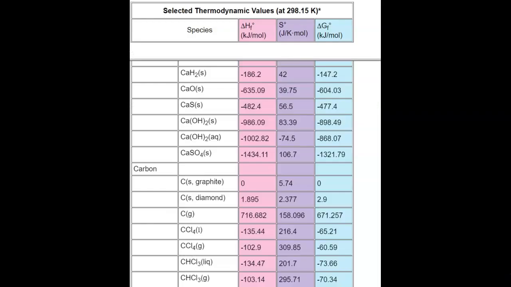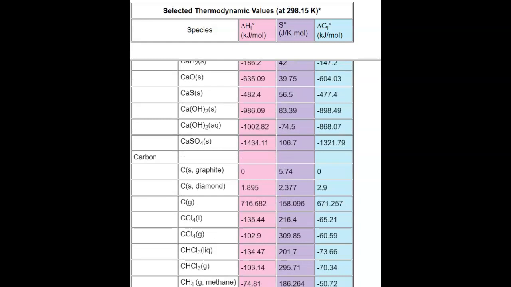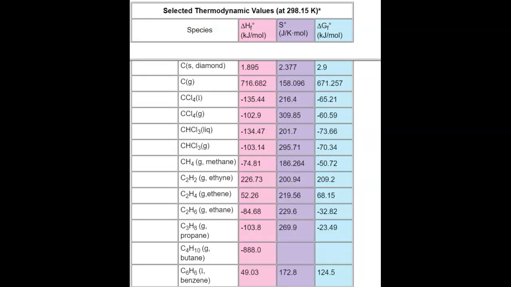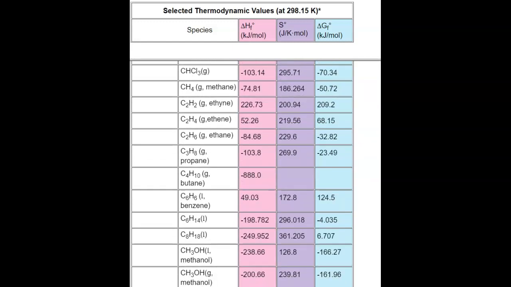I'm going to use the table of values that I was showing you earlier. If you scroll down through, we're going to first hit carbon, and we were looking for C3H8. Scroll until you find it, so here it is. My heat of formation value is a negative 103.8 kilojoules per mole.